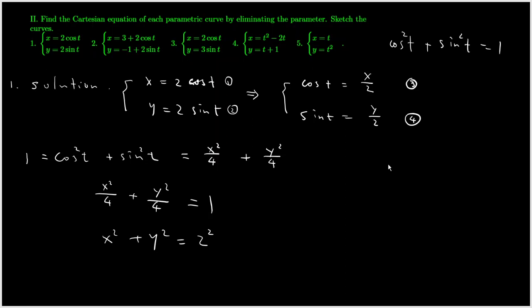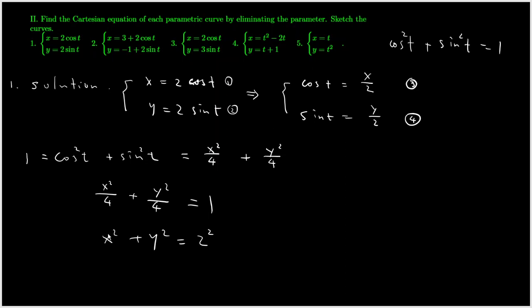Just tell me a term, please. Anybody? Yeah, it's a circle. To tell me the circle, you have to tell me the center of the circle and the radius of the circle.